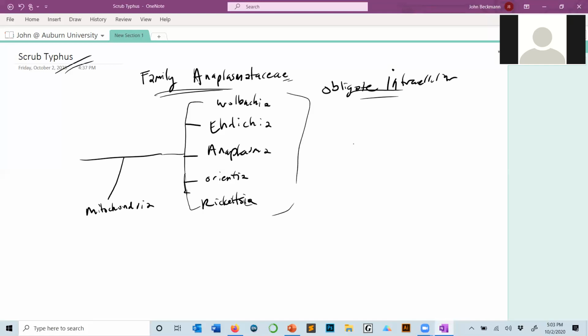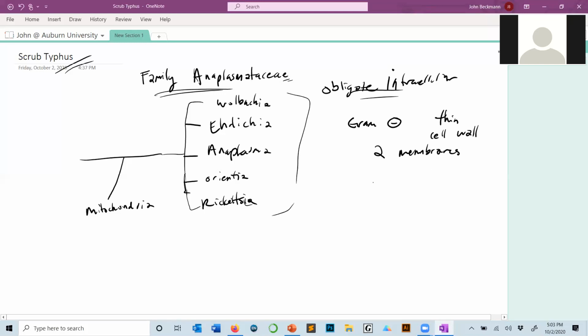And are these gram-negative or gram-positive? Do we know what that is? Lauren? Gram-negative or gram-positive? I know what the difference is. Okay, so help me out. What's gram-negative? Gram-negative has a thin cell wall and 2 membranes.